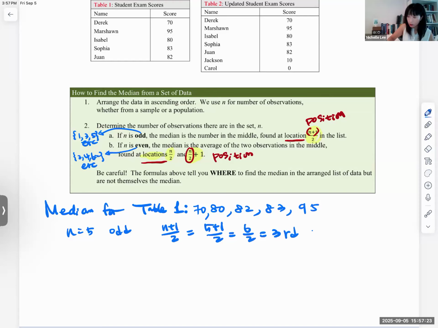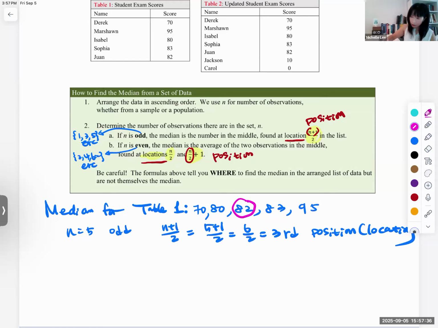Third position, location. That will be 1, 2, 3, 82. So let's use the median symbol, the first letter M. So M will be 82.